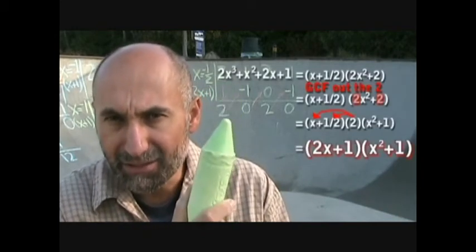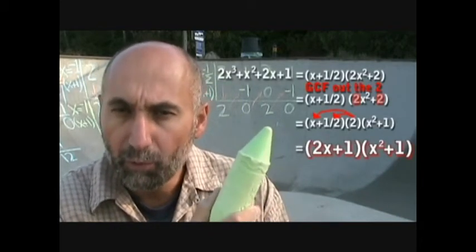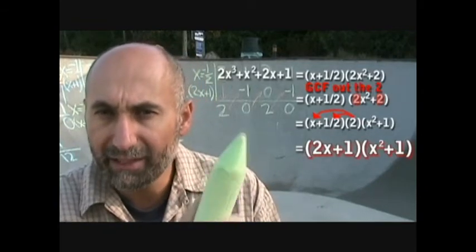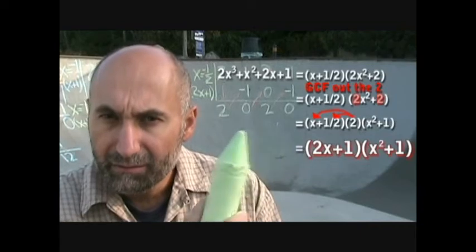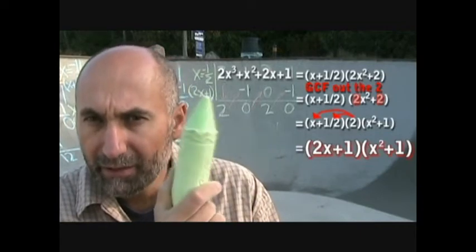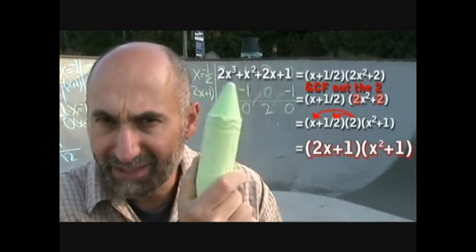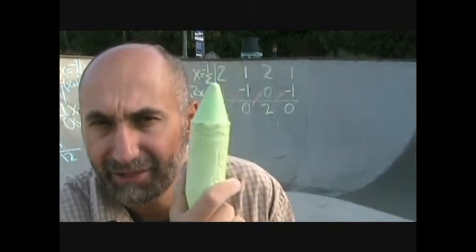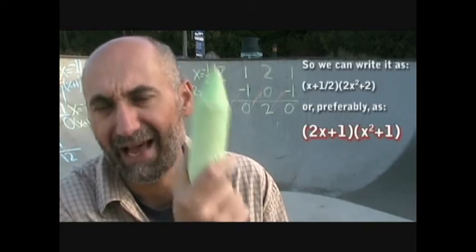So this is 2x squared plus 2, but what we're going to do is factor out a 2 and dump it, because once we do that, we have an expression that when multiplied by this gives us our original term, because we really don't want to bring negative 1 over 2 over to have x plus a half.